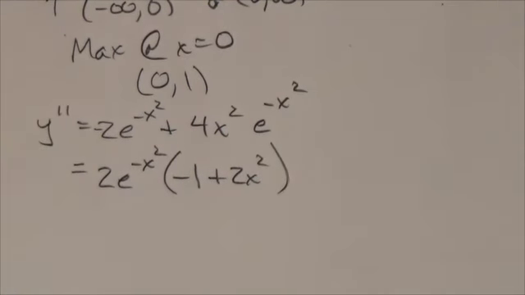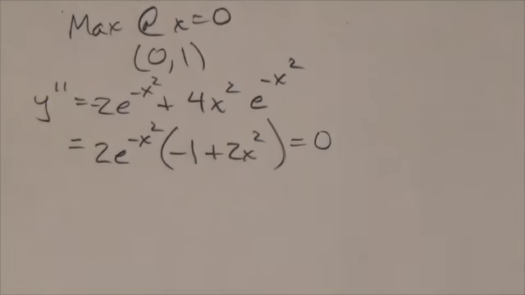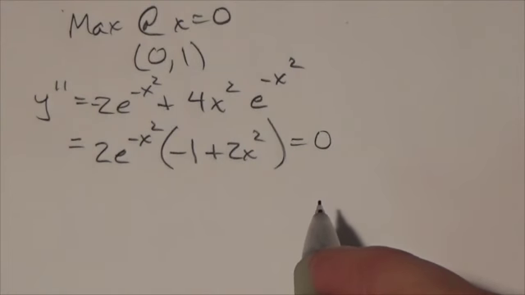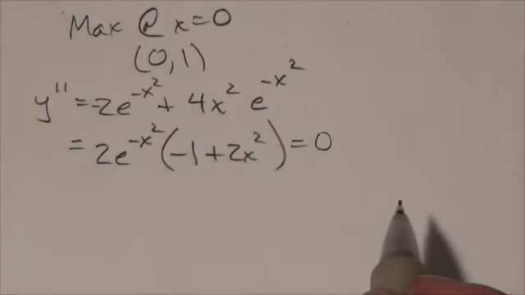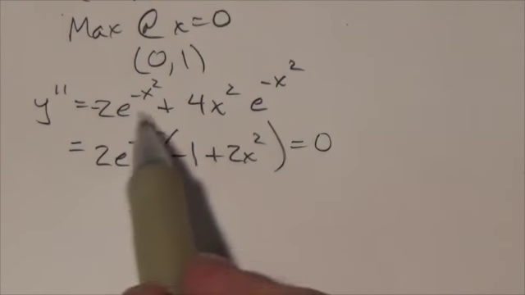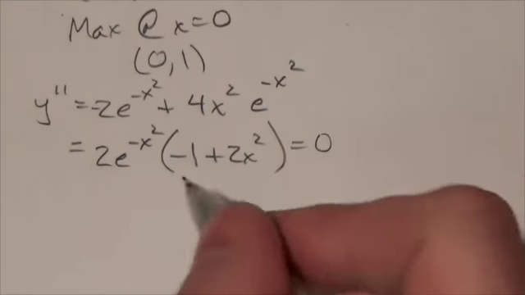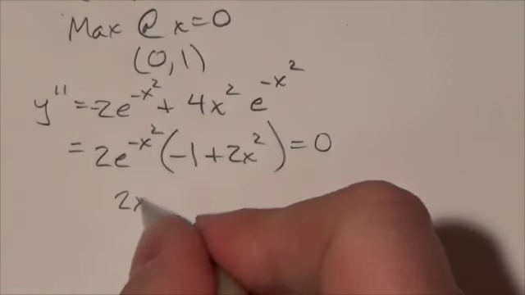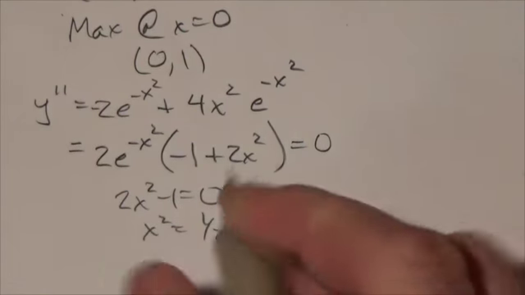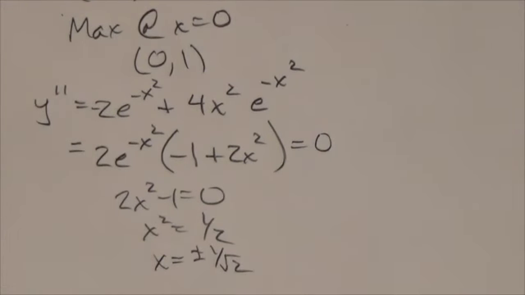I am going to set this equal to 0, because to figure out the intervals of concavity, I need to figure out where the second derivative is equal to 0 first. Again, notice that the exponential function won't do it. It's got to come from the polynomial. So 2x squared minus 1 equals 0 means x squared is equal to 1/2, which means x has got to equal plus or minus 1 over root 2.